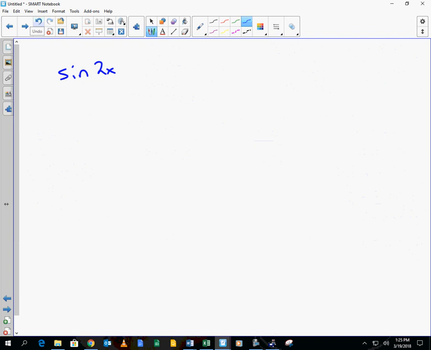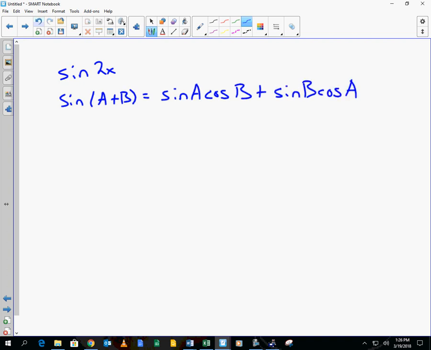Were you here for Friday when we did our sum and difference formula? Do you remember this? Remember that? Well, here, if I have 2x, that means a is x and b is x, right?